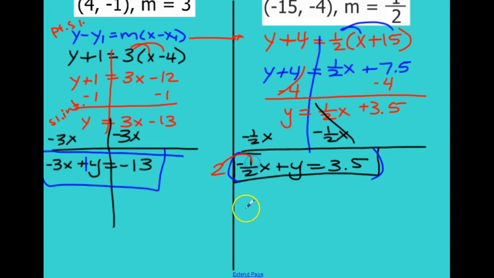So 2 times negative 1/2 is negative 1x. 2 times y is 2y. And 2 times 3.5 would give us 7. This is the smallest or most basic answer. You could have multiplied by another number to get rid of the fraction as well, but this is the smallest one that we could multiply by. So either of these would be good.